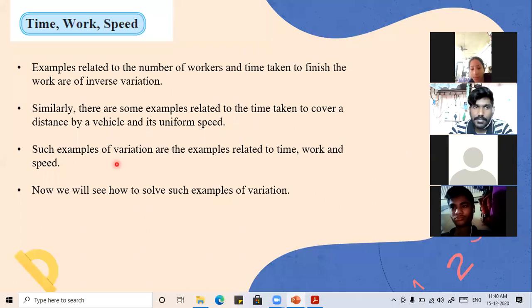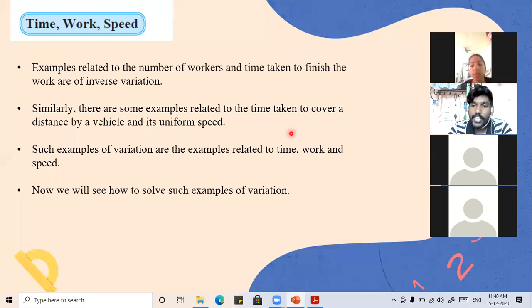So such are examples of variation related to time, work, and speed. Whenever you see that a problem is related to time, work, or speed, then that problem sum will be on inverse variation.